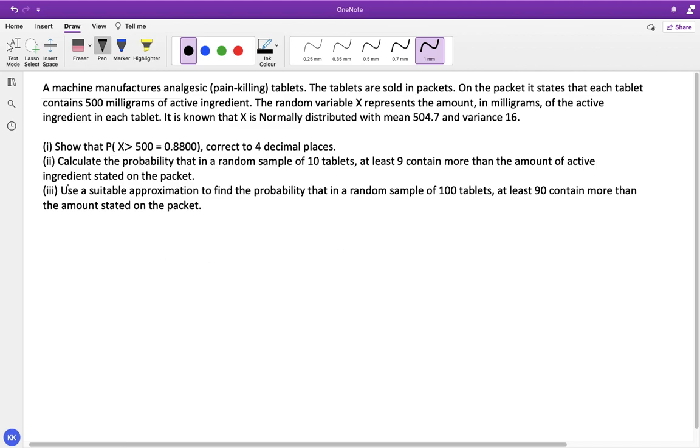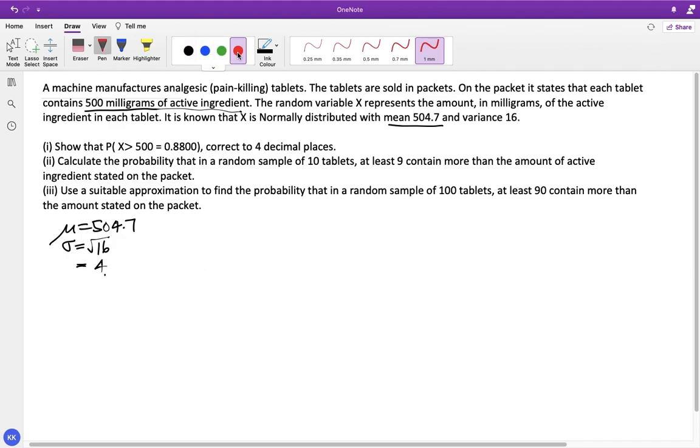So first question, show that the probability for X is greater than 500 is 0.8800, correct to 4 decimal places. They have given us a tablet that contains 500 milligrams of active ingredient, and the mean is 504.7 and variance is 16, so therefore standard deviation is 4.